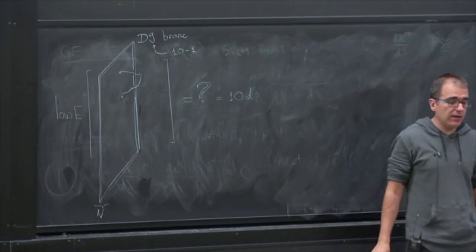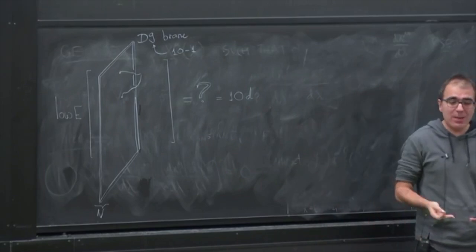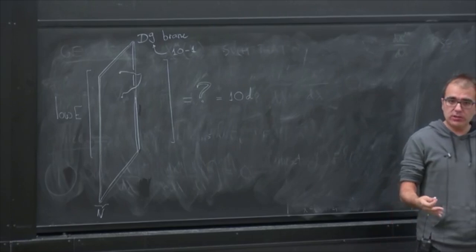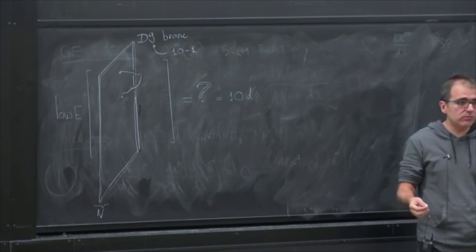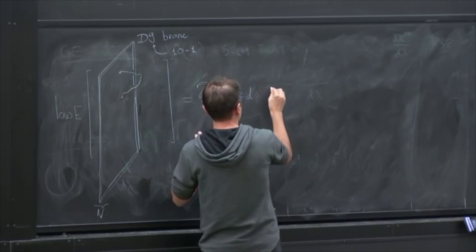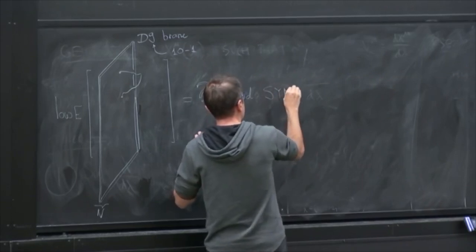And what are the massless modes of open strings at very low energy? Photons, or in this case, when we will have indices, gluons, and so this would be 10-dimensional super Yang-Mills theory.